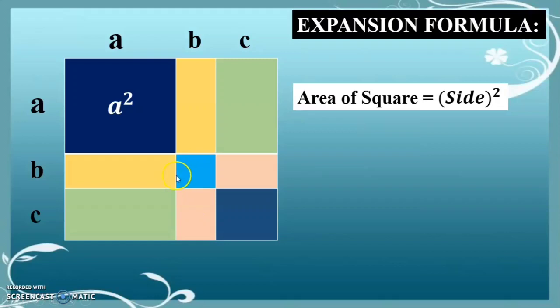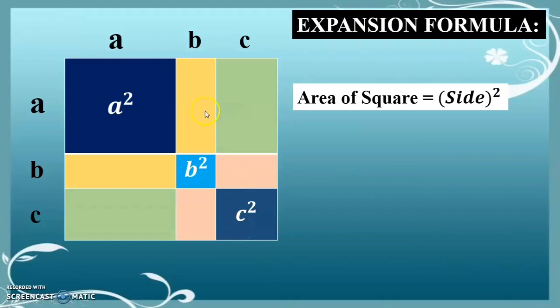One side is equal to b, so its area will be b square. Similarly, we have one more square whose one side is c, so we get it as c square.